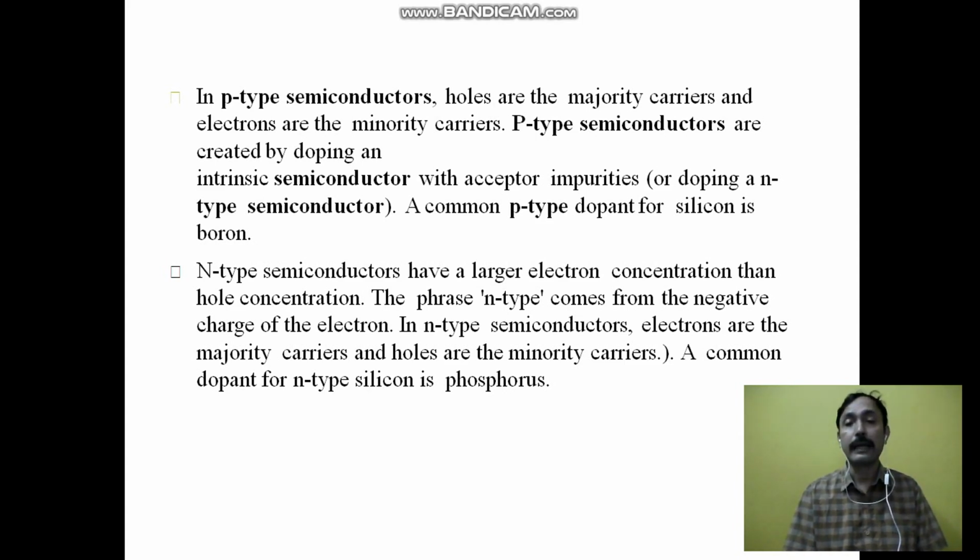The phrase n-type comes from the negative charge of the electron. In n-type semiconductors, electrons are the majority carriers and holes are the minority carriers. A common dopant for n-type silicon is phosphorus. This is pentavalent; a pentavalent dopant is used.